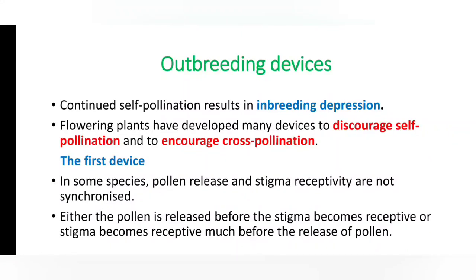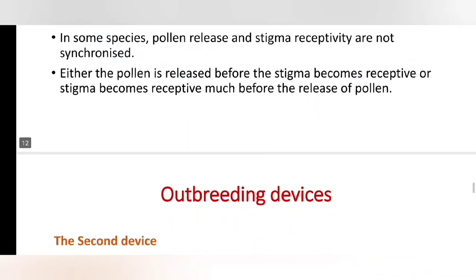Either the pollen is released before the stigma becomes receptive, or the stigma becomes ready to receive the pollen grains much before the release of pollen. So here the things are not synchronized. It is the first outbreeding device.